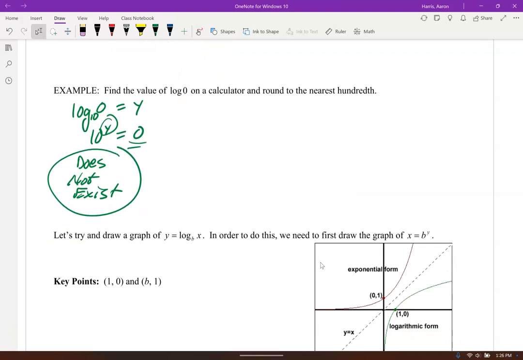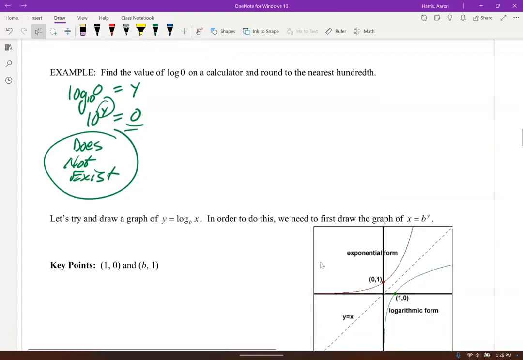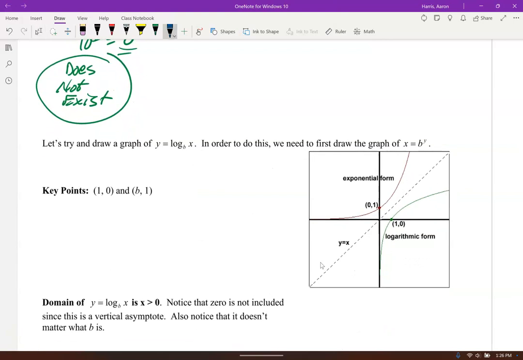Now let's actually try and draw what the logarithmic function would look like. Let me take two functions. Let me do first y equals 2 to the x. We know y equals 2 to the x. If we were graphing that, 2 to the 0 is 1, 2 to the 1 is 2, 2 squared is 4, 2 to the third, 8.